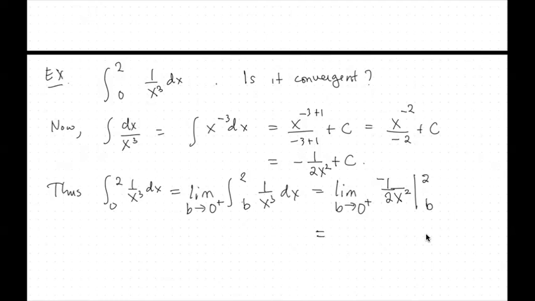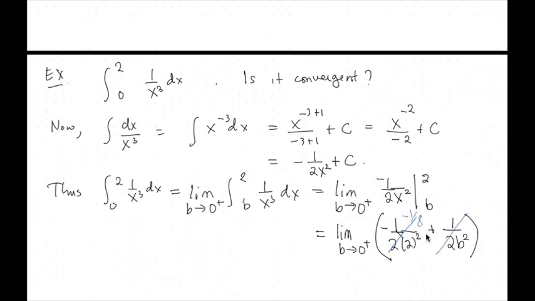We just have to plug in. It's the limit as b goes to 0 plus of negative 1 over 2 squared, minus negative, so it becomes positive 1 over 2b squared. This one here goes to negative 1/8.